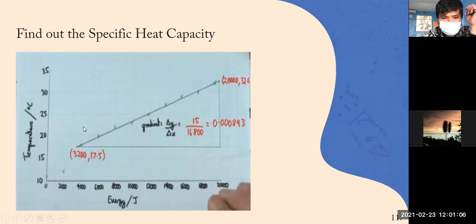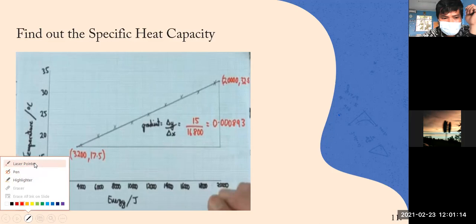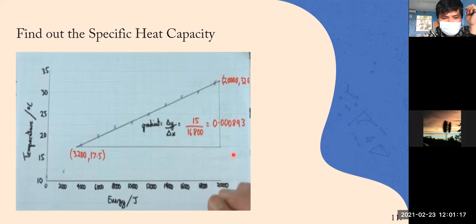After we plot our data, next we find the gradient. To work out the gradient, we draw a triangle onto the graph and mark the points that we have. Here we have 3,200 on the energy, and the temperature is between 15 and 20, so it's 17.5. This point up here, the energy is 20,000, and the temperature is between 30 and 35, so that's 32.5.